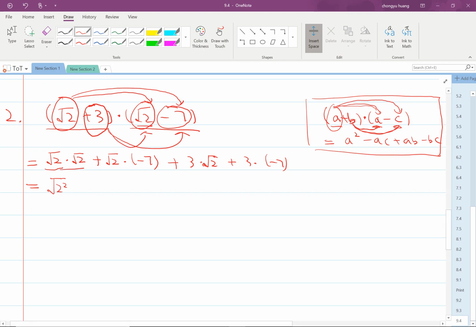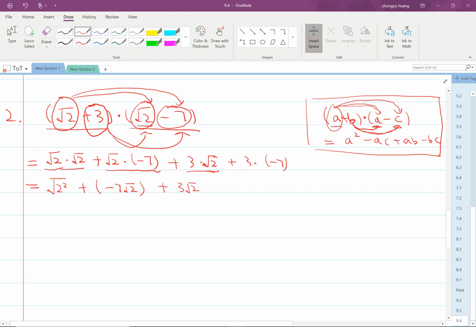And we have plus. For the next term, we have the square root of 2 multiplied by negative 7, so we have negative 7 square root of 2. For the next term, we have 3 multiplied by the square root of 2, so you just write 3 square root of 2.